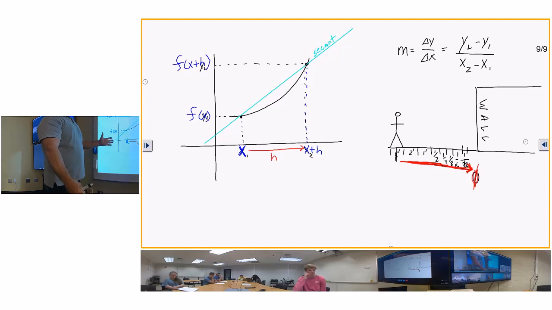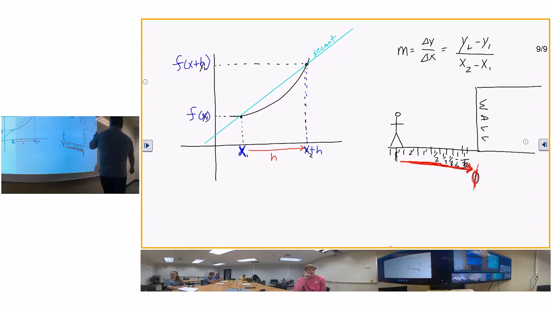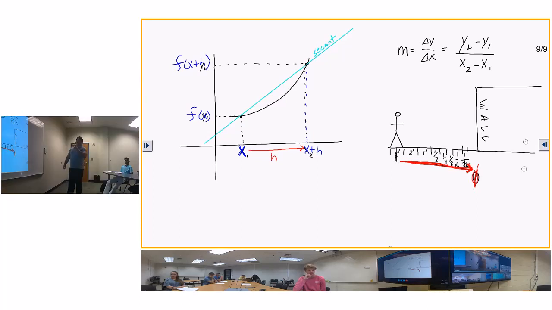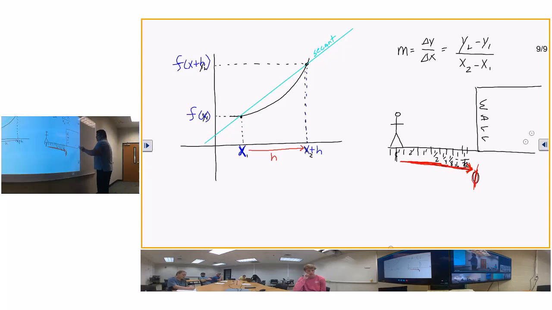Everybody with me? Now I want you to figure the slope, taking out those old terms, y sub 2 and y sub 1, and put in the sophisticated terms. Do that right quick.